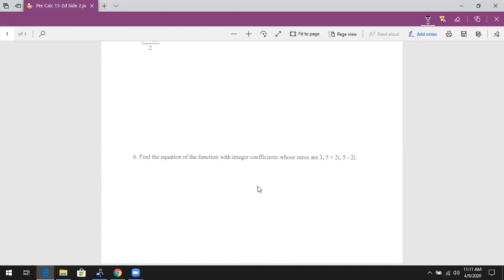Let's skip down to 6 because it's a little bit simpler than 5. 6 says, find the equation of the function with integer coefficients whose zeros are 3, 5 plus 2i, and 5 minus 2i. So if I add my zeros together, 3 plus 5 plus 2i plus 5 minus 2i, I'm going to get negative b over a.